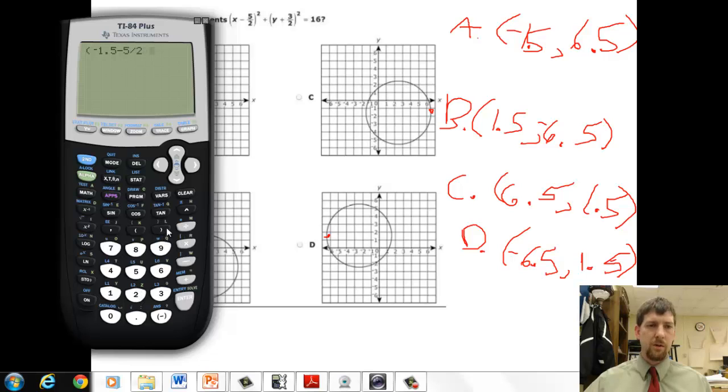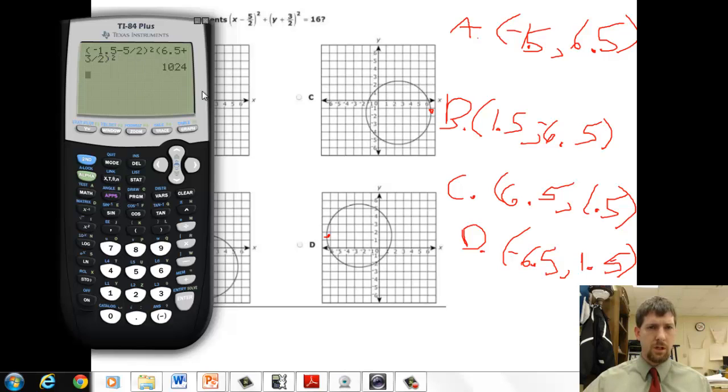You can change that to 2.5 if you want to, squared, plus y, which was 6.5, plus 3 halves, squared, and that should equal 16. It didn't equal 16, so that means choice A is obviously wrong.